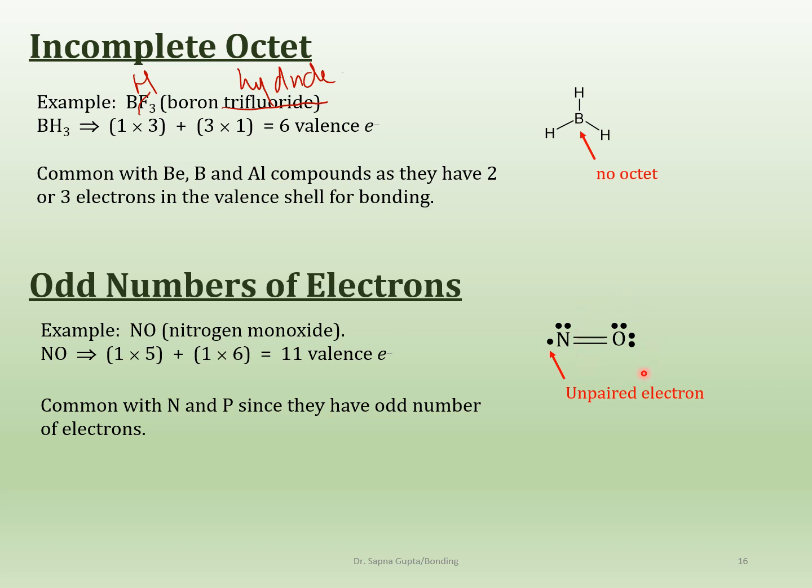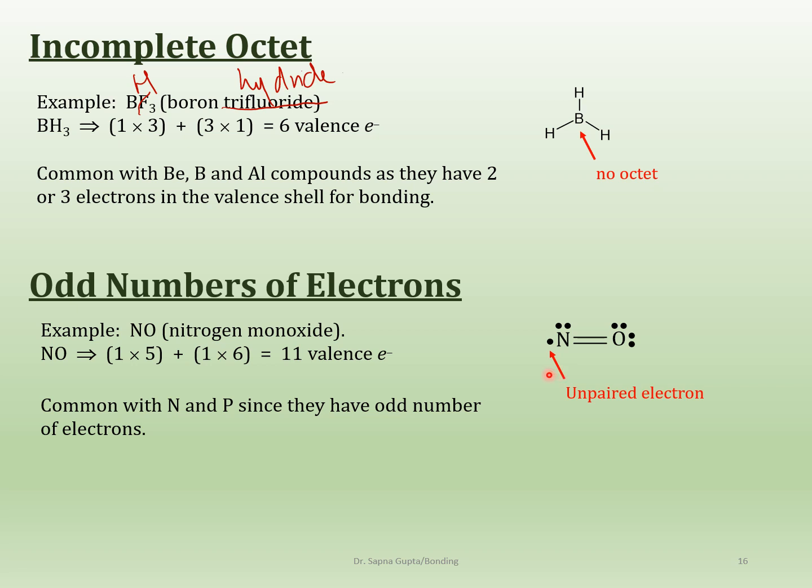Oxygen is happy, this oxygen is not a problem. Nitrogen is the problem, because there's 1 electron that's left which is not paired. So how many electrons does nitrogen have right now? 1, 2, 3, 4, 5, 6, 7. So it's short 1 electron, and it also has an unpaired electron.